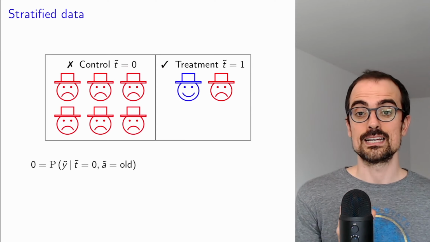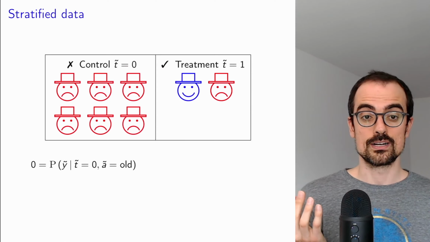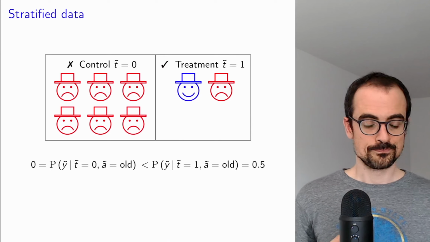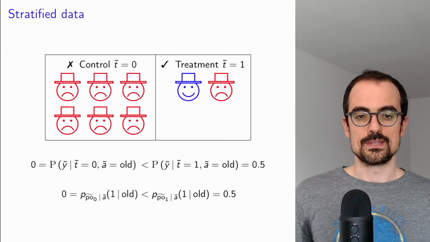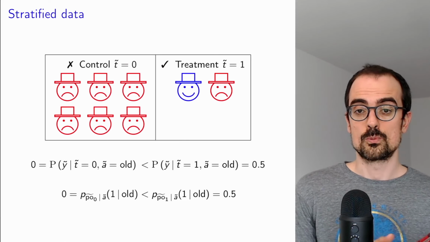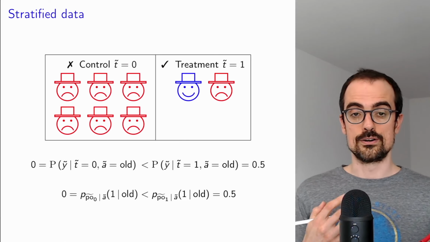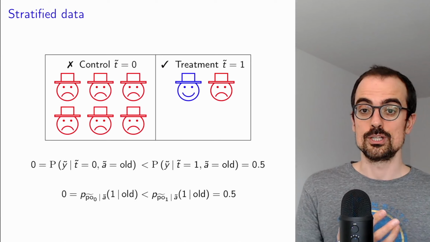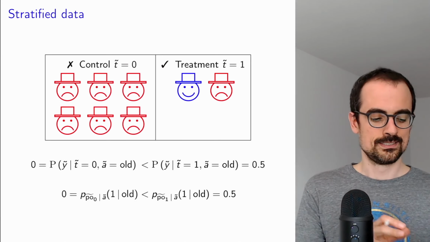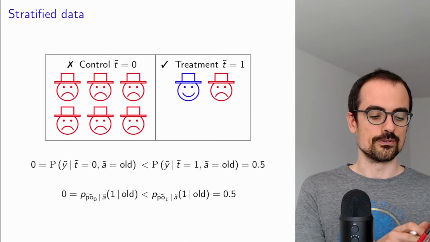So we correctly see that half of them are going to recover if they receive treatment. And this corresponds to the true probabilities of recovering or not recovering, depending on whether you receive treatment, if you are old. Because again, we're assuming there are no confounding factors.